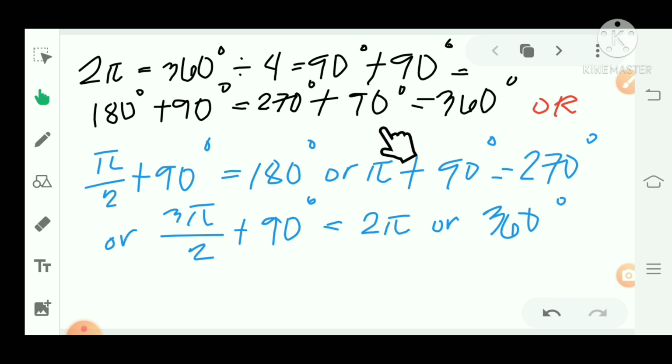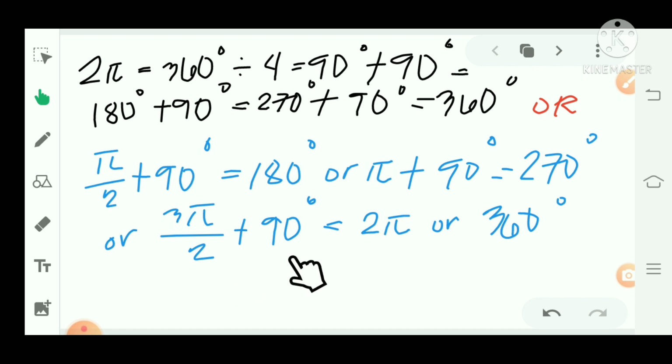Or pi over 2. Pi over 2 is 90 degrees, plus 90 degrees is equal to 180 degrees, or pi. Plus 90 degrees is equal to 270 degrees, or 3 pi over 2.